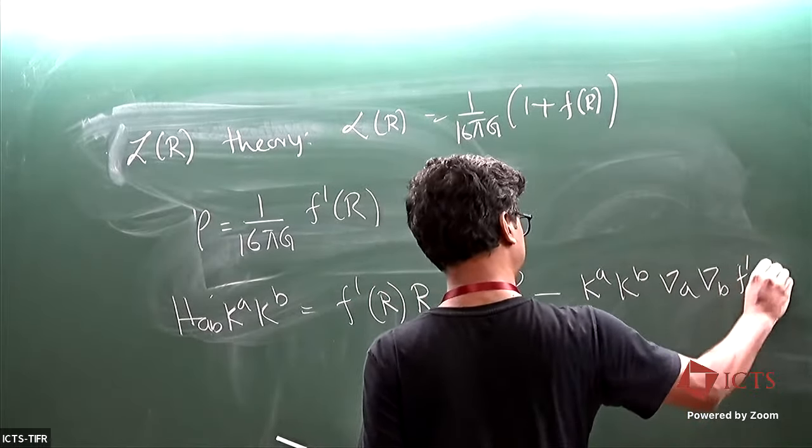Of course, there is an R_AB K^A K^B for GR, which is always there. I'm only writing the H_AB K^A K^B part. Let's go ahead with this.